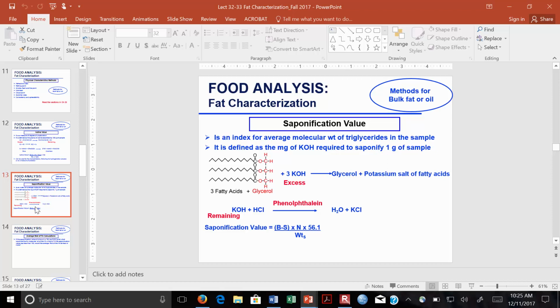I knew I did something wrong. Okay. And then when we saponify with KOH, to continue, you would titrate the remaining KOH with HCl to calculate the saponification value.